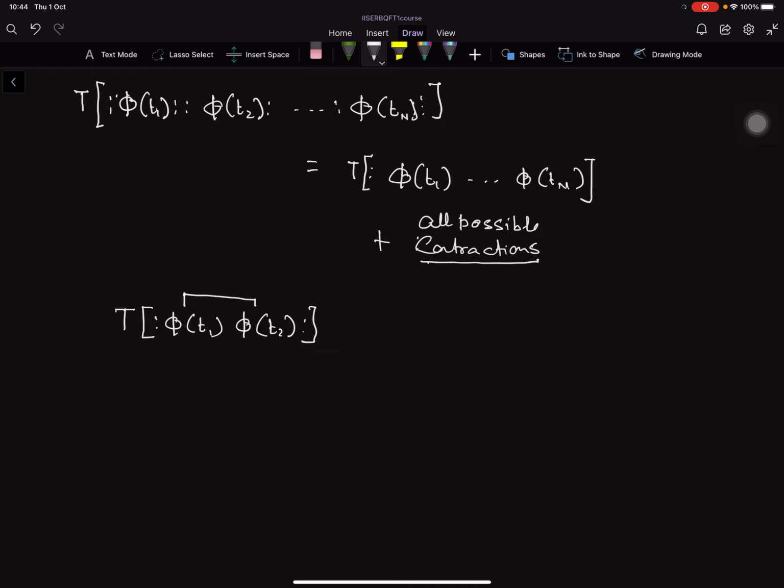So the Wightman propagator is replaced by the Feynman propagator.